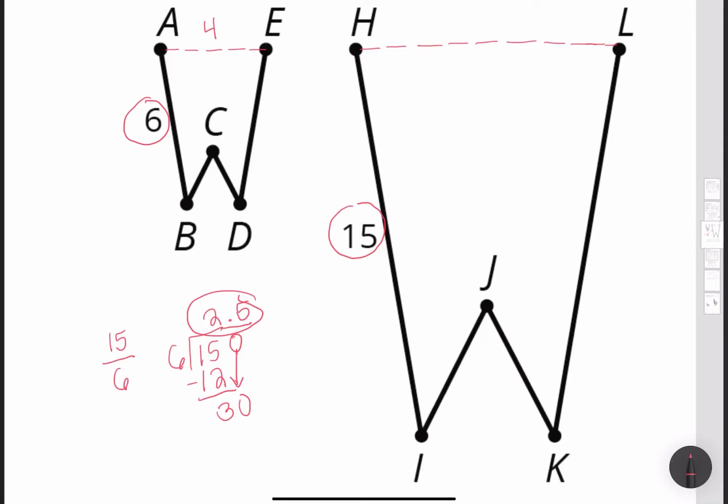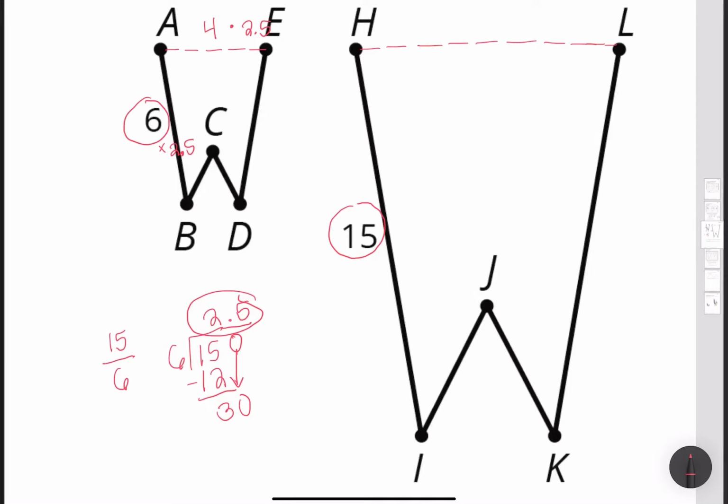So if this distance corresponds with HL and the scale factor is 2.5, what happened was when we multiplied 2.5 times 6 to get 15, I want to do the same thing for 4. So I'm going to multiply 2.5 times 4 to figure out this distance.